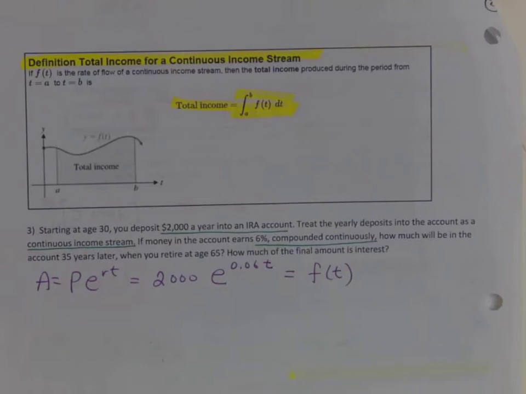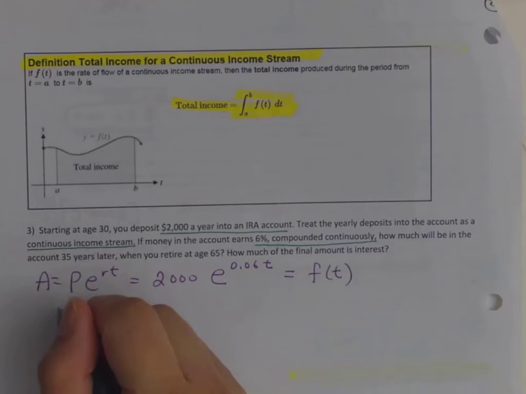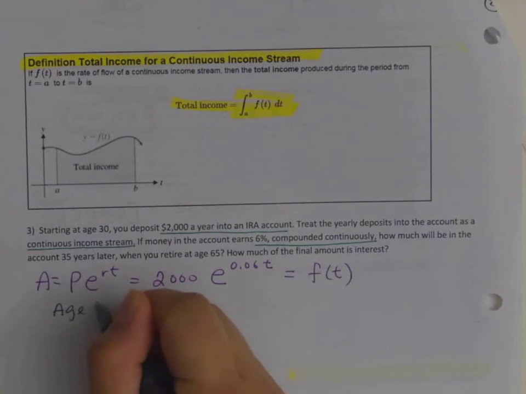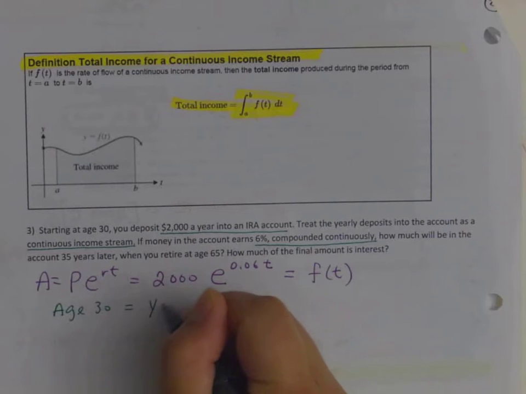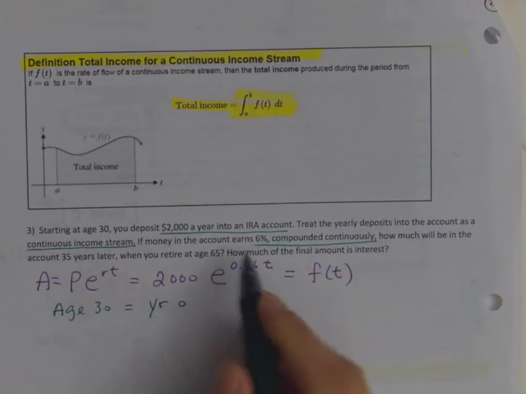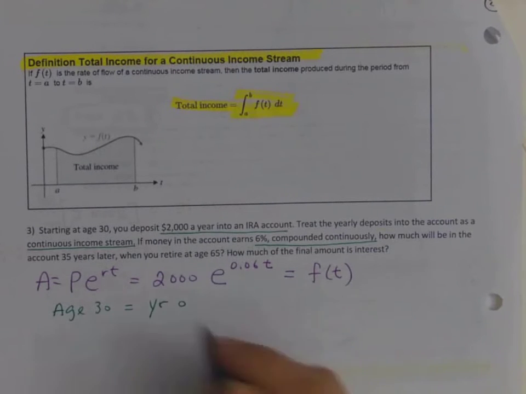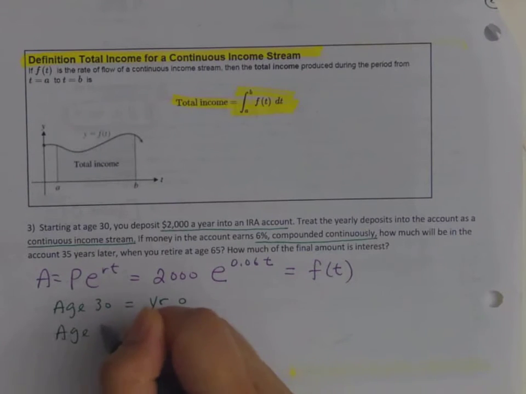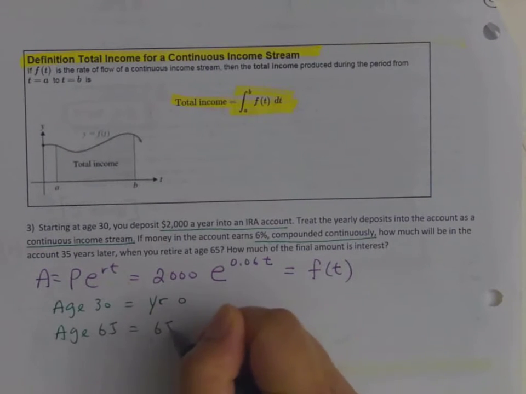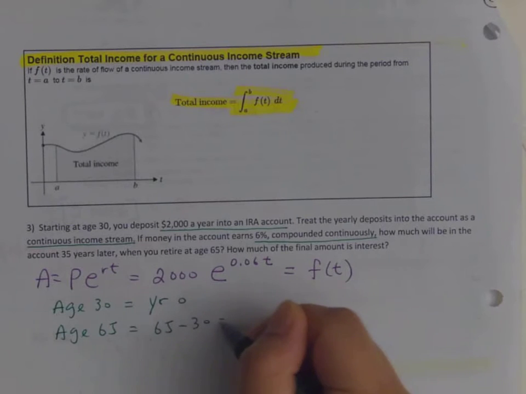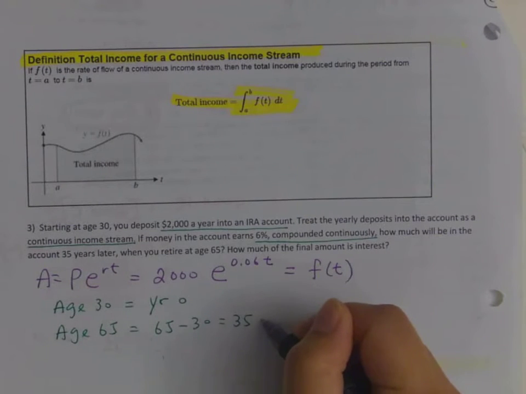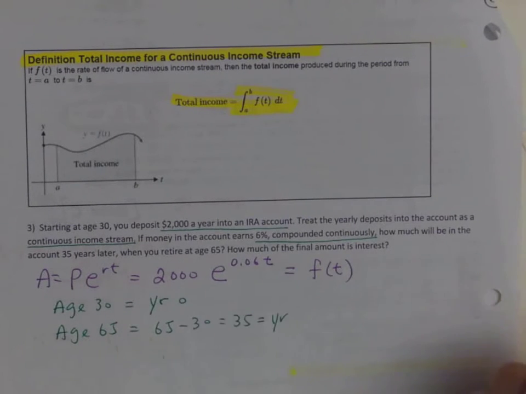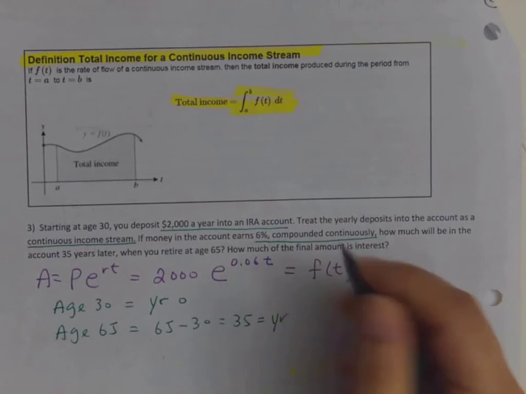So that's the continuous compounding interest function, and that's our function. And they mention starting at age 30, right? So age 30 equals year 0, and then you stop at age 65. So 65 subtracting 30 will give us 35, right? So that would be the upper limit. So lower limit and upper limit.